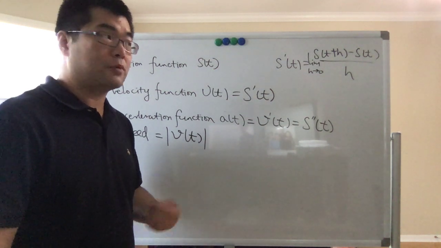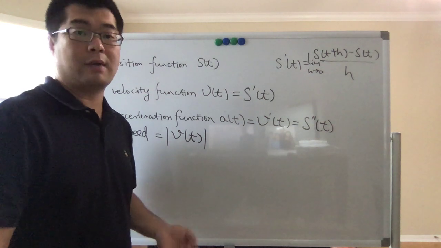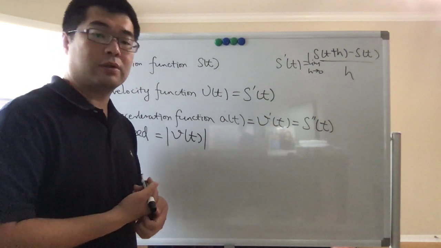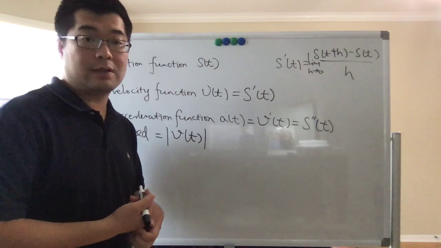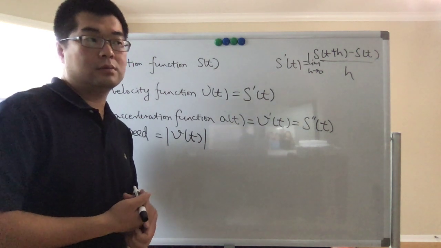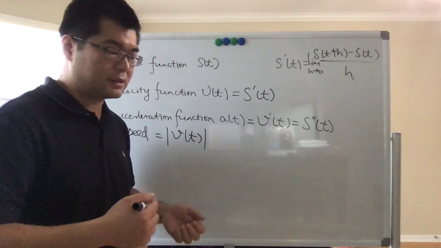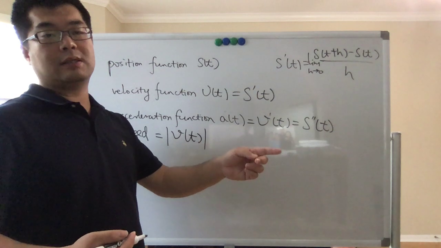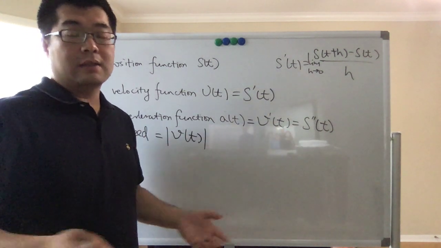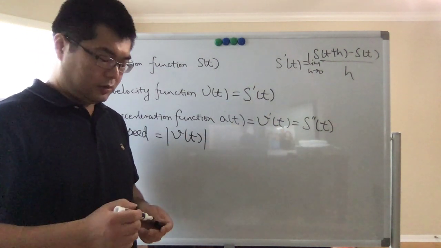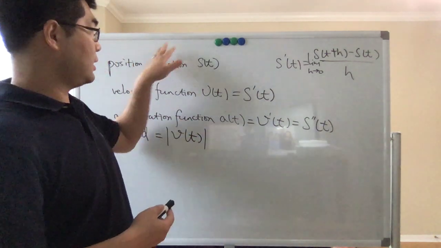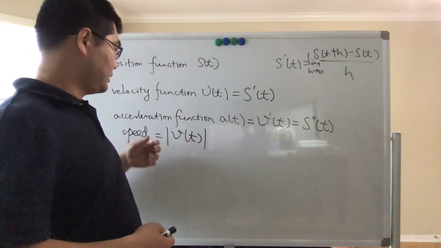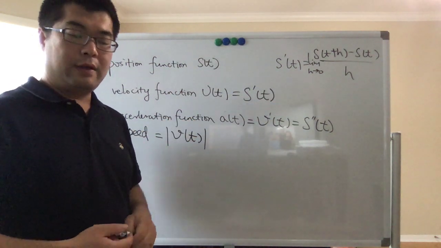There's no, like, I'm driving negative 70 miles per hour, right? There's no way. So the speed must be greater than or equal to 0 all the time. However, for the velocity, we can have positive or negative, depending on whether heading to the left is positive, and then heading to the right stands for the negative. So these are the relationships between the position, velocity, acceleration, and the speed.